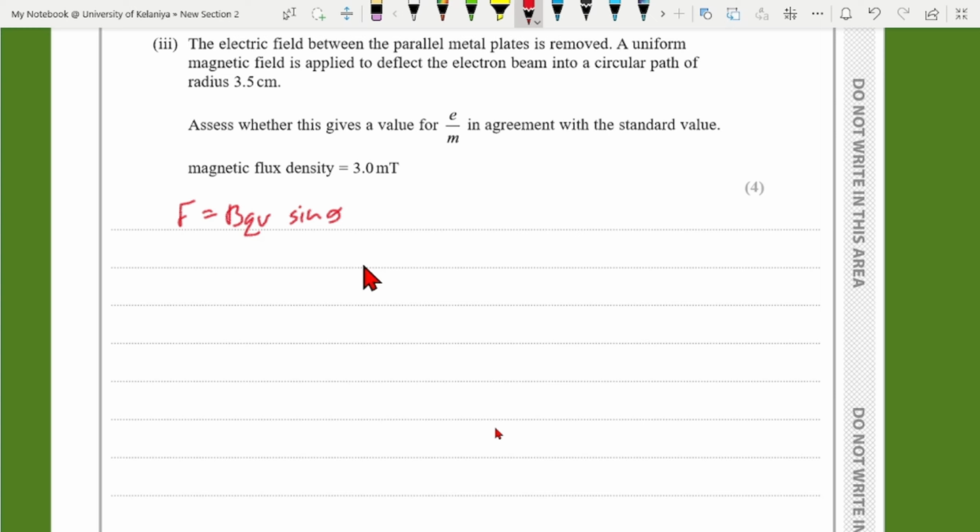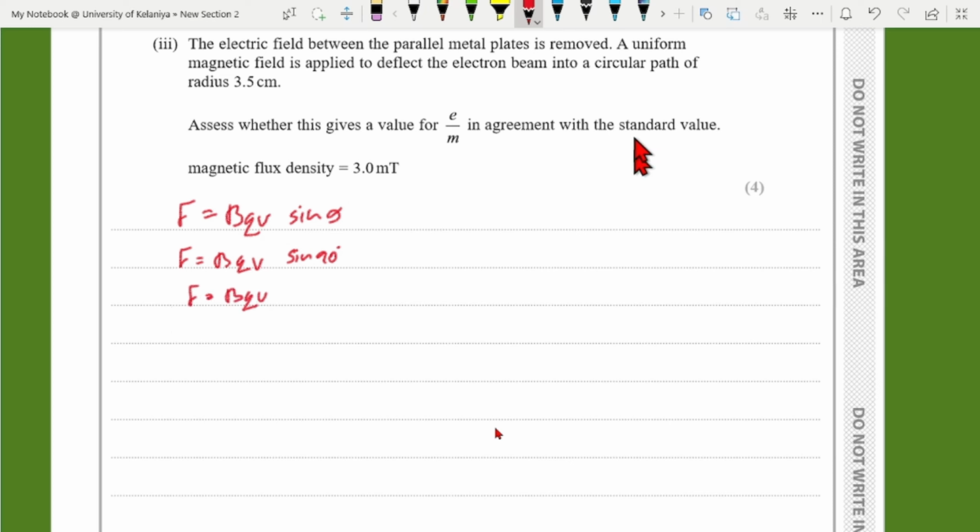The reason is the magnetic field and the v are perpendicular to each other. So angle theta will be 90 degrees, and sine 90 is 1. So I can directly use Bqv, right?